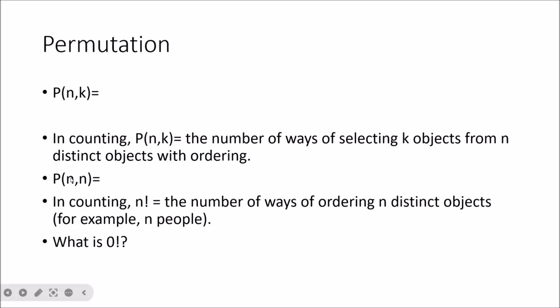Now, what is 0 factorial? 0 factorial is actually not 0, it's 1. There are several explanations, but one explanation, which is probably understandable and reasonable, is to consider n factorial in an iterated, recurrent way. n factorial equals n times n minus 1 times n minus 2 times ... times 2 times 1.